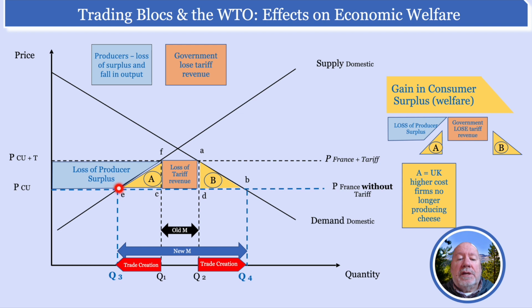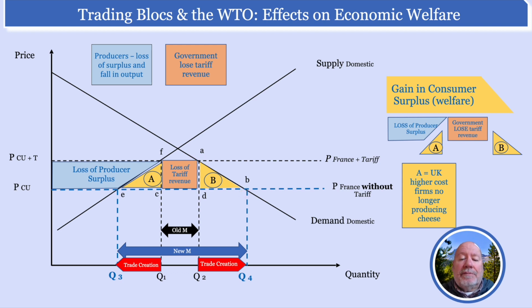So this is a welfare gain triangle, and what it is, because it's a consumer gain, there's the consumer surplus that was gained, loss of producer surplus, loss of tariff, that's a gain triangle, and it means that the UK higher cost, because supply curve always reflects your marginal cost of production, the UK were able to supply at this higher cost than France, and now the UK higher cost firms are no longer producing the cheese.